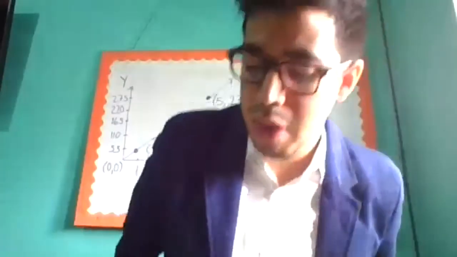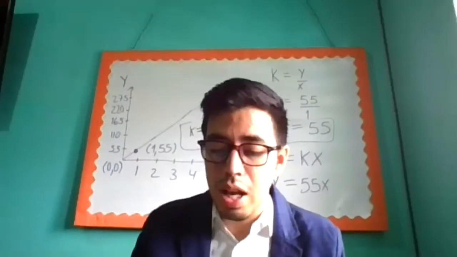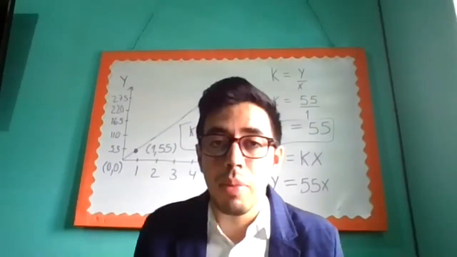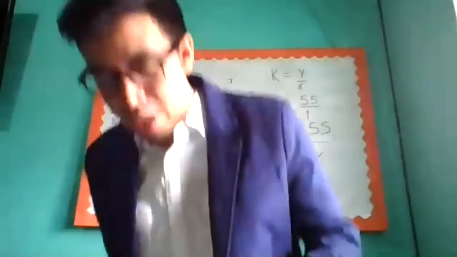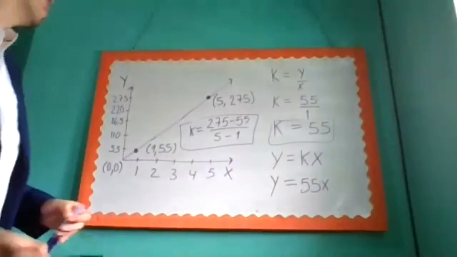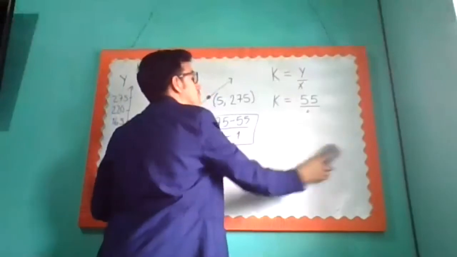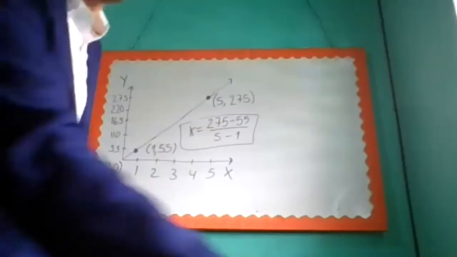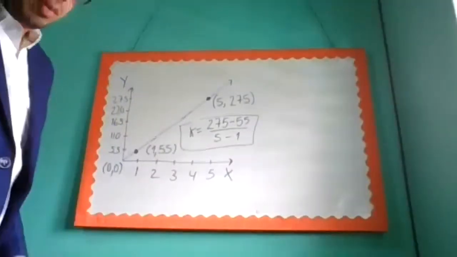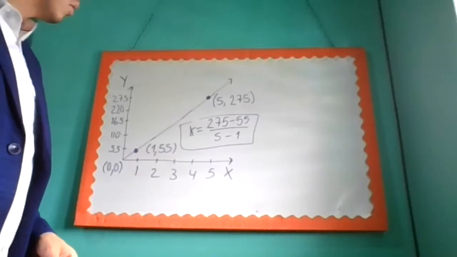Okay. Now I only need to explain the last part about the graph. Explain why each graph doesn't show a proportional relationship. Okay. I can erase this to explain. Did you find the value to prove if it's the same or not? If we solve the subtraction, 275 minus 55 is 220.